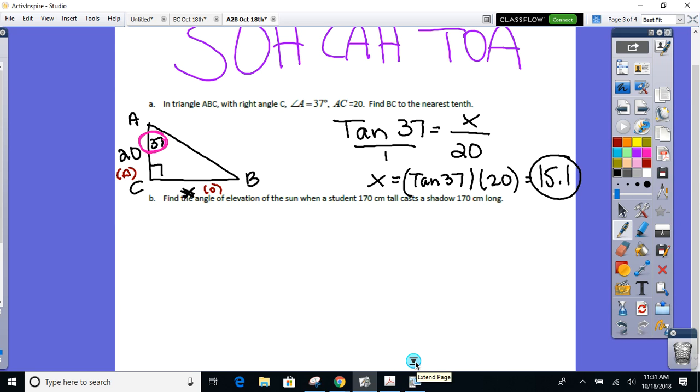Okay, ready? Oh, more vocab. Perfect. Find the angle of elevation. When a student 170 centimeters tall casts a shadow of 170 centimeters. We got the tall student, right? 170 centimeters. It drives me nuts when I see students draw shadows beaming off the forehead.